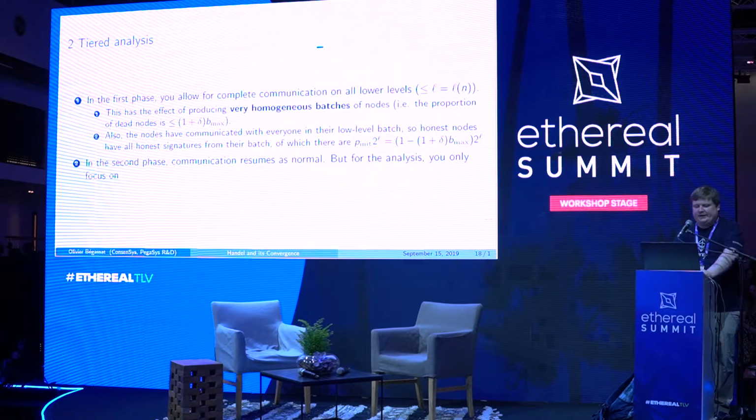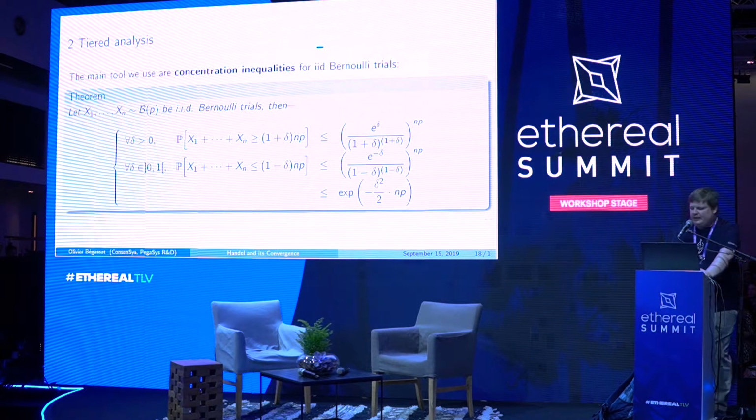So, as I said, the first stage is about creating homogeneous batches of nodes. And this is where it is really important that we have a random shuffling at the beginning. If you take control of the randomness in Handel, then you potentially encounter severe problems. Okay, so the main tool we use for this is a set of inequalities that are very classical in probability theory.